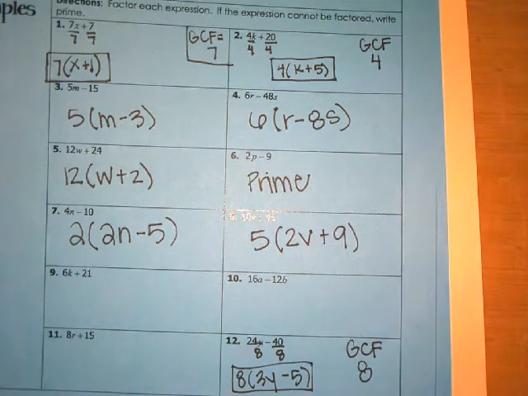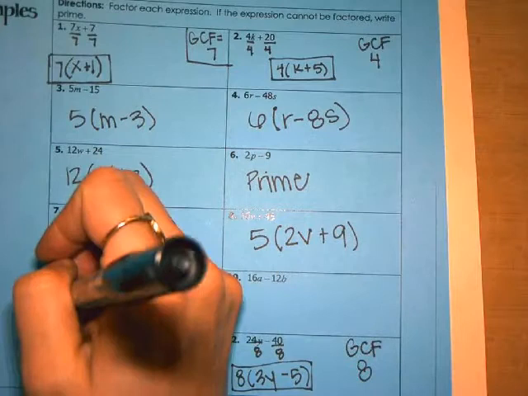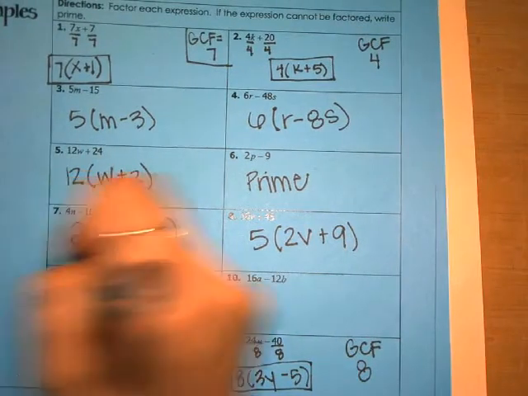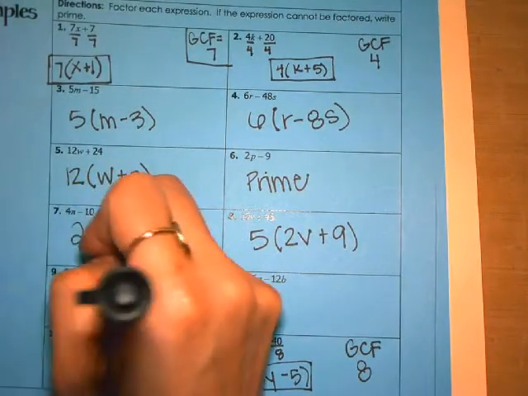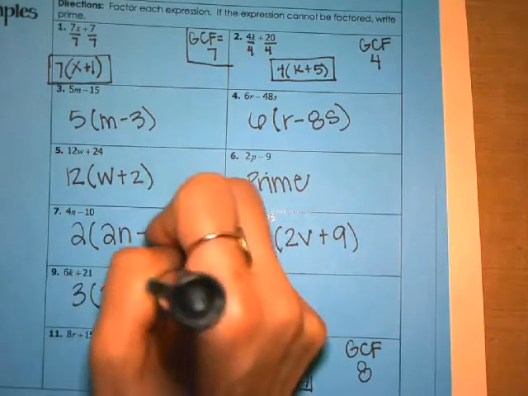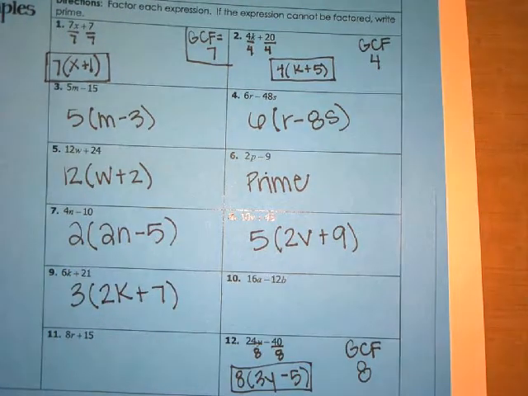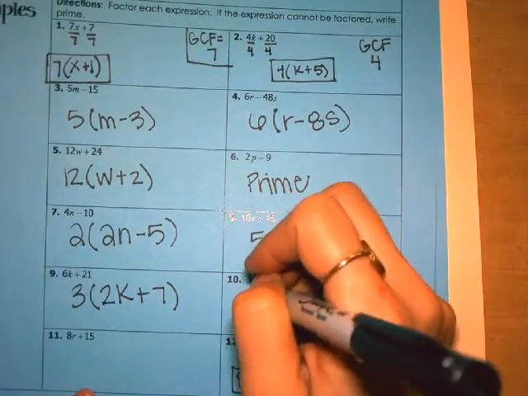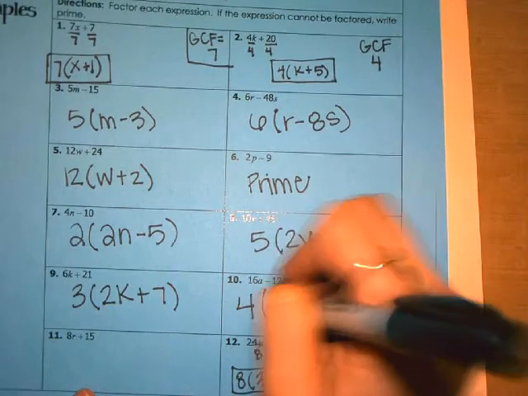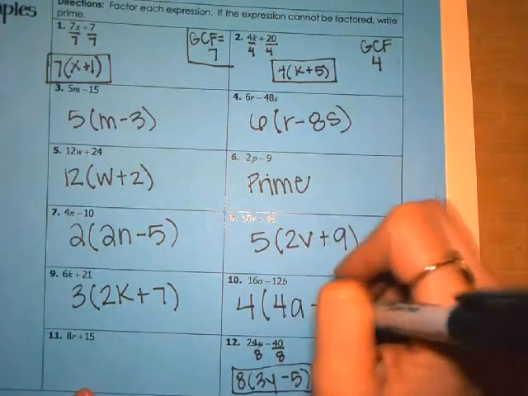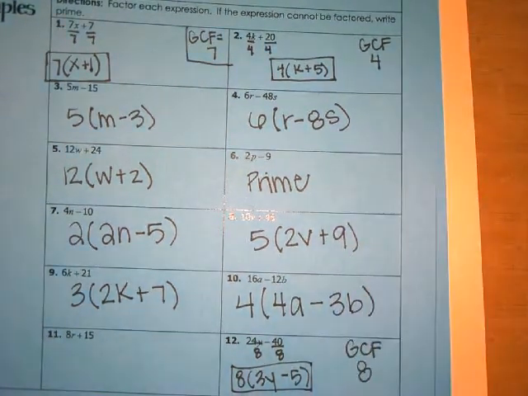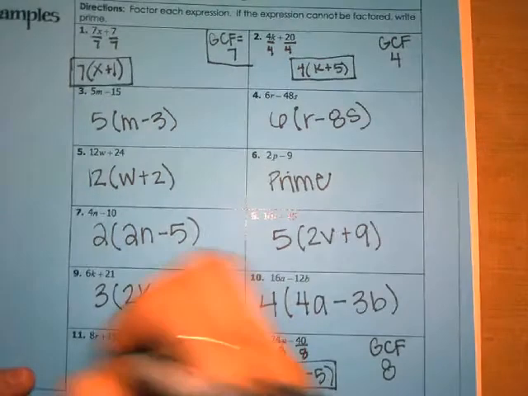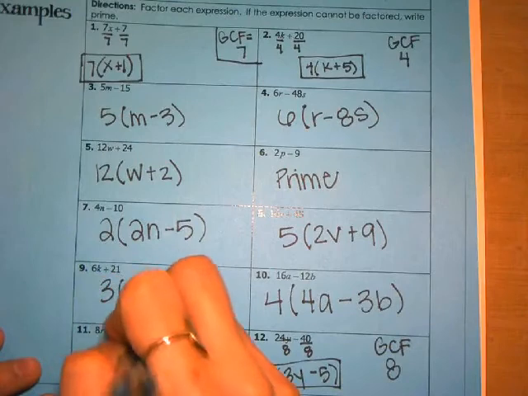What's 9? 3 outside the parentheses, and then inside parentheses 2k plus 7. Perfect. What's 10? 4 outside of parentheses, and then 4a minus 3b. Perfect. And last problem, number 18. What'd you get? Prime. It is prime.